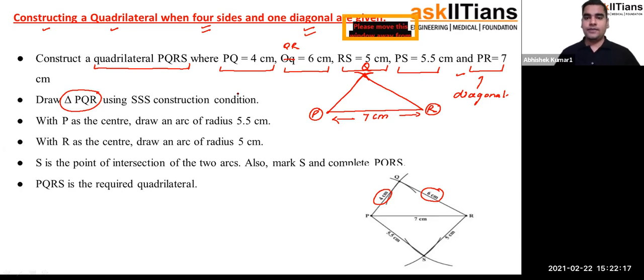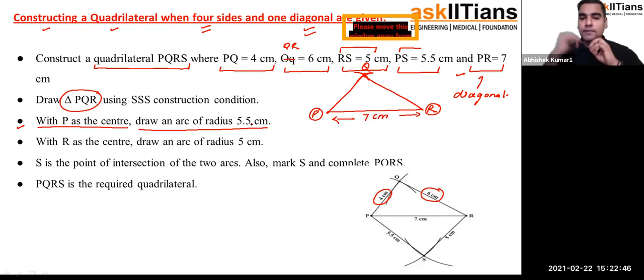Now we have to draw the triangle on the lower side of this diagonal PR as well. And for that, we need to be aware of the dimensions. The dimensions of the triangle that we are going to draw on the other side of the diagonal PR are 5.5 centimeter, that is PS, and RS, that is equal to 5 centimeter. So assuming P as the center, draw an arc of radius 5.5 centimeter below PR.